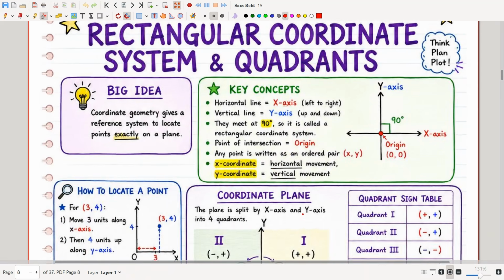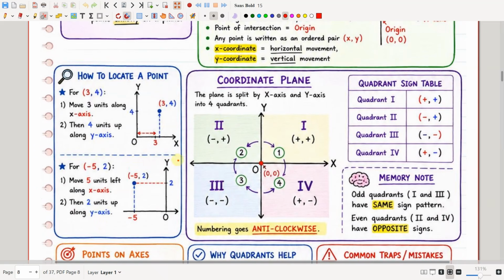Okay, so now let's see how to locate a point. For plotting the point 3 comma 4, this one denotes the x-axis and this one denotes the y-axis. You have to move 3 units along the x-axis and 4 units along the y-axis. So this point will be 3 comma 4.